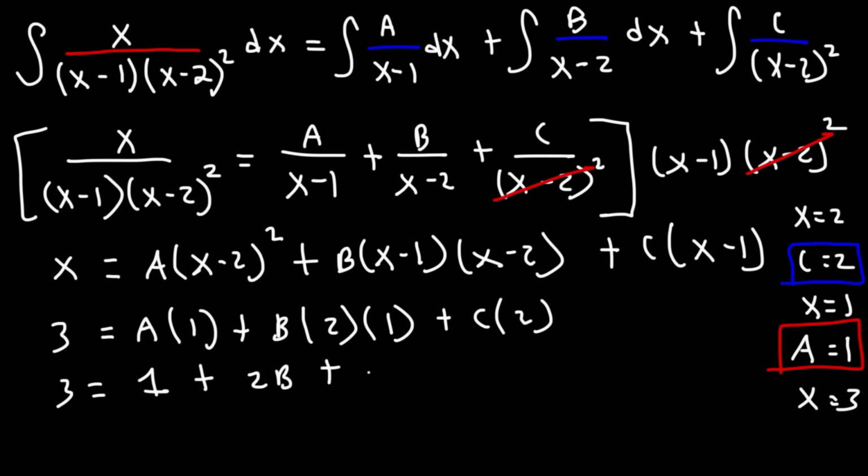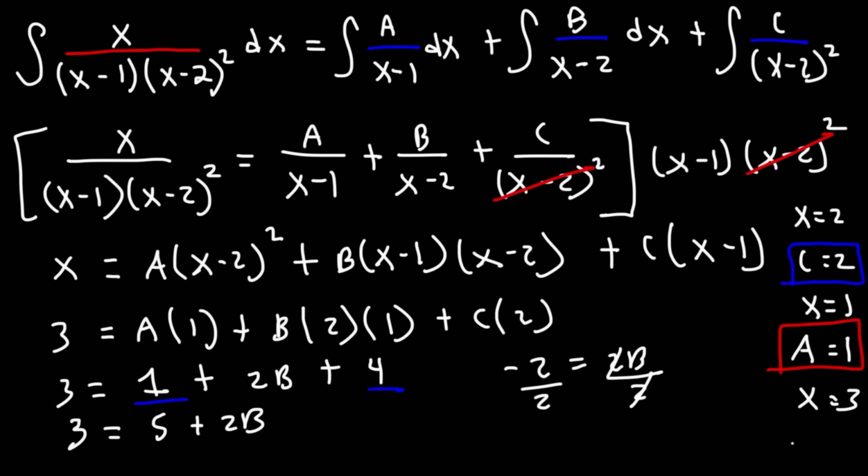And c is 2, so 2 times 2 is 4. And 1 plus 4 is 5, adding those two. Subtracting both sides by 5, we're going to have 3 minus 5, which is negative 2. And then if we divide both sides by 2, we'll get that b is equal to negative 1.